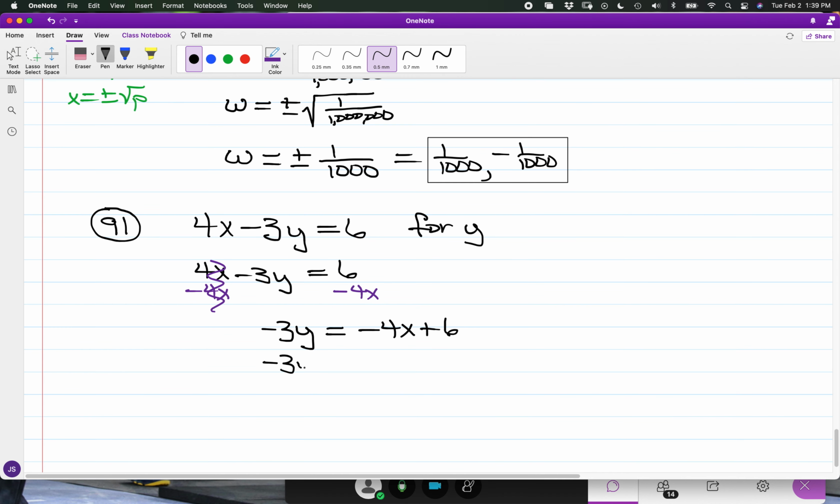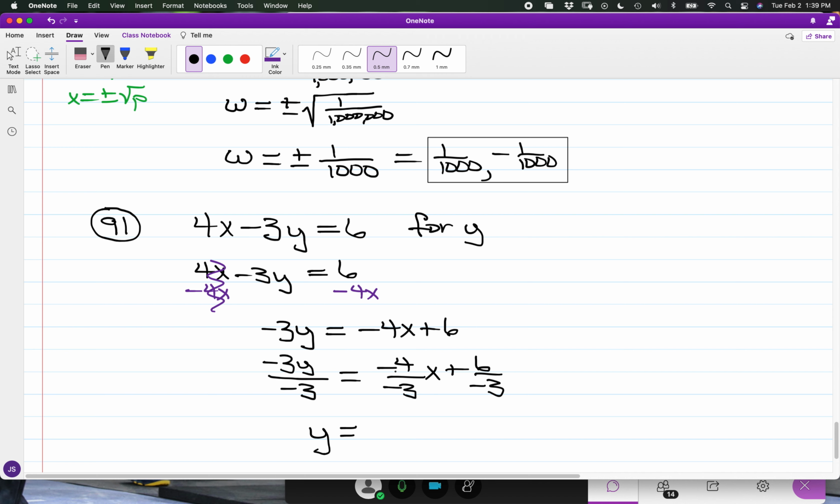And upon dividing both sides by negative 3, negative 3y over negative 3 becomes y.